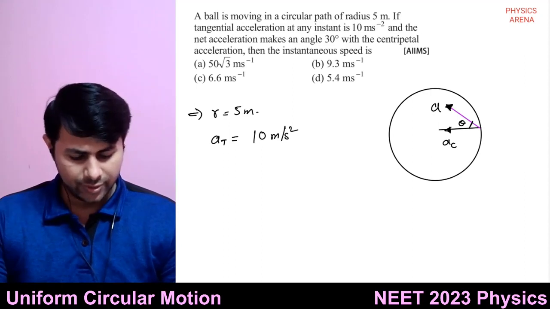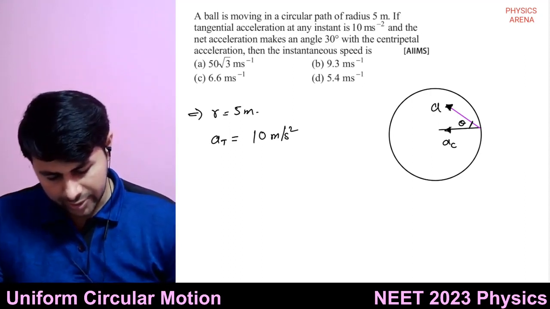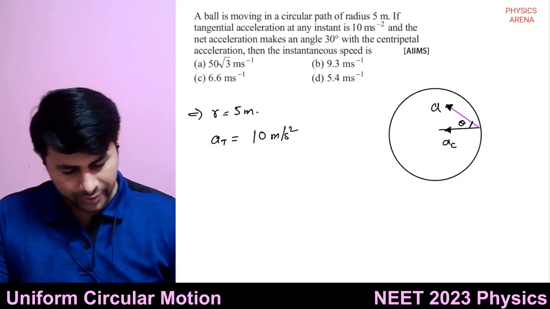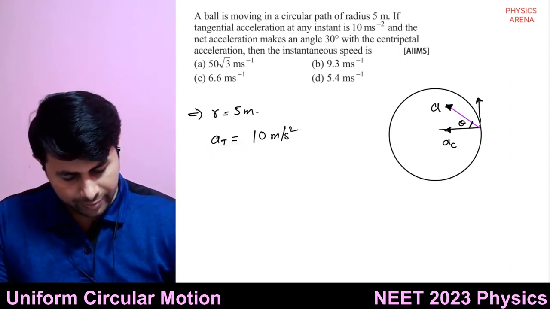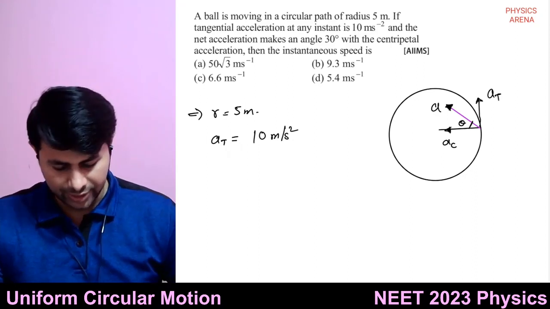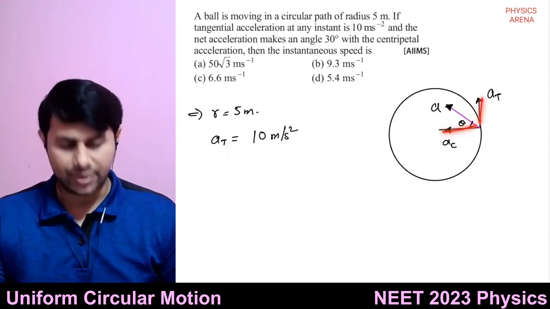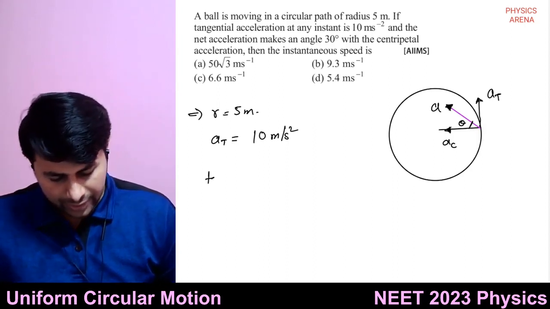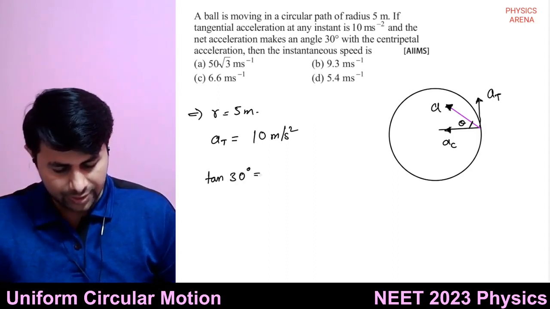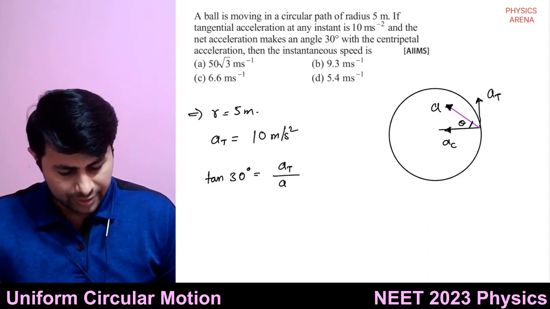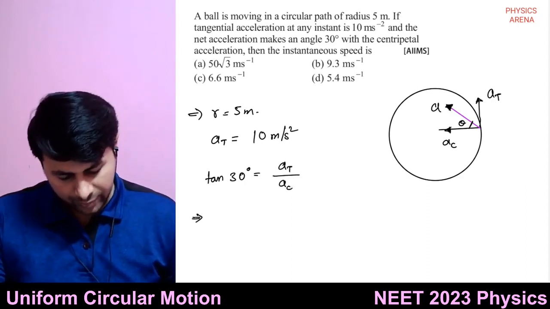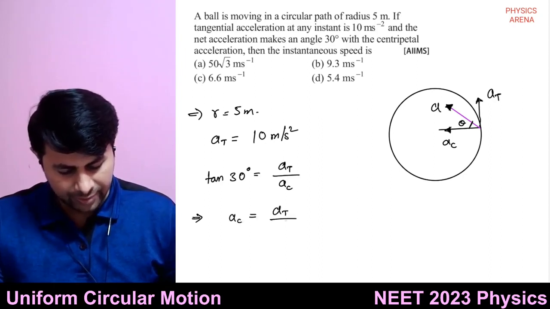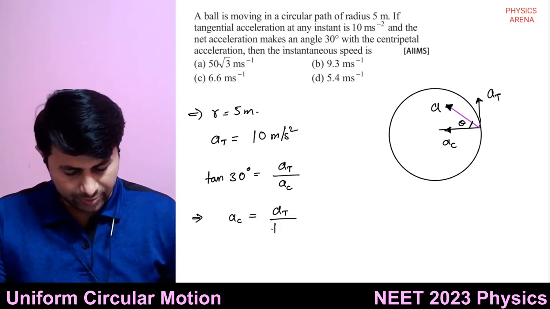So we'll find out tangential acceleration divided by centripetal acceleration. It will be equal to tan of theta. Good, Sanjay. So tan of 30 degrees is AT divided by centripetal acceleration, and therefore AC equals AT divided by tan of 30.